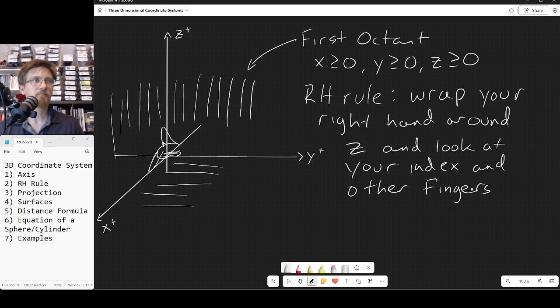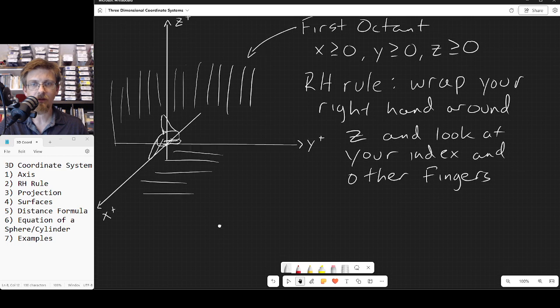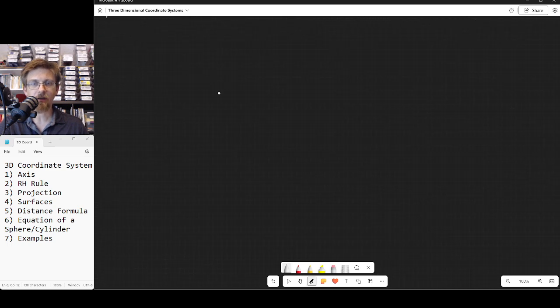All right, so that's all nice and good. So now what? Now we're going to talk about projection. When we have a point in three-dimensional space, we can talk about what it looks like on each of the coordinate planes.